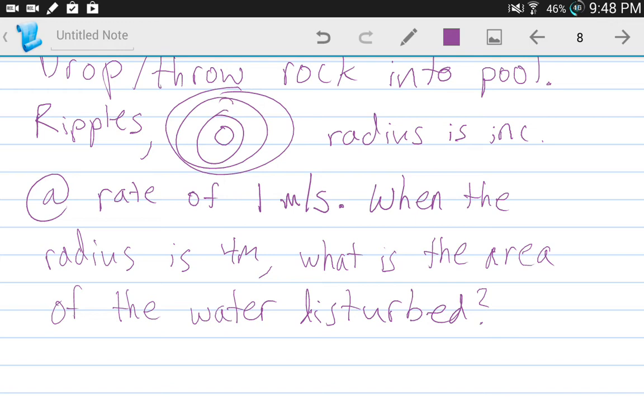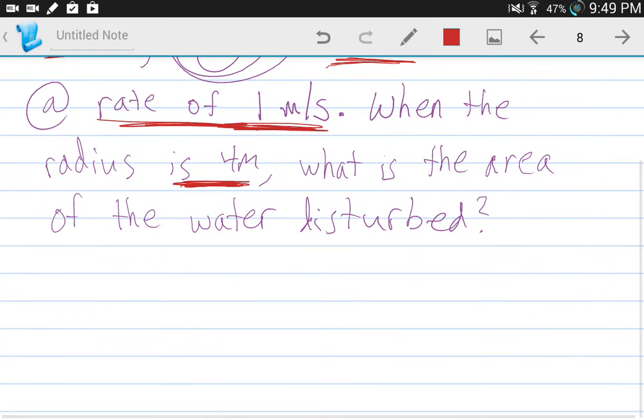words, right? So we have to kind of identify, and things that I'm going to notice is we're making circles, right? So our ripples are circles, and we know that by radius or just because they're ripples. And then we know our given was that the radius is increasing at 1 meter per second, and then also when the radius is 4. So this is a rate, and this is 4. So anytime we see the word rate, we know that's one of the derivatives.